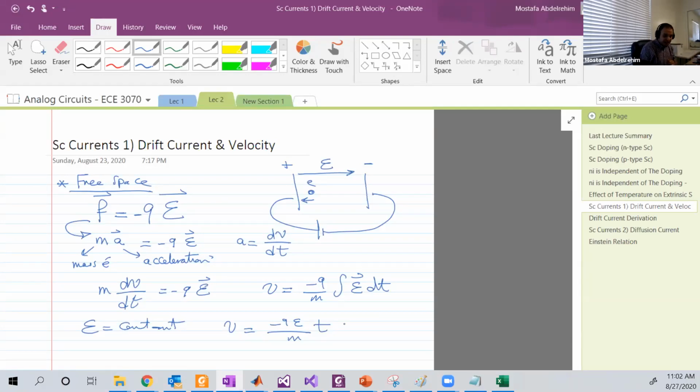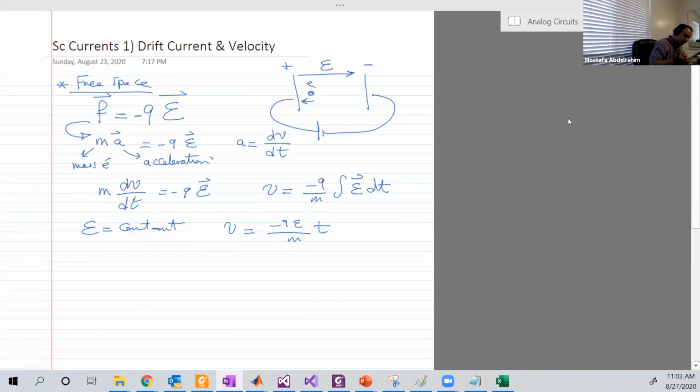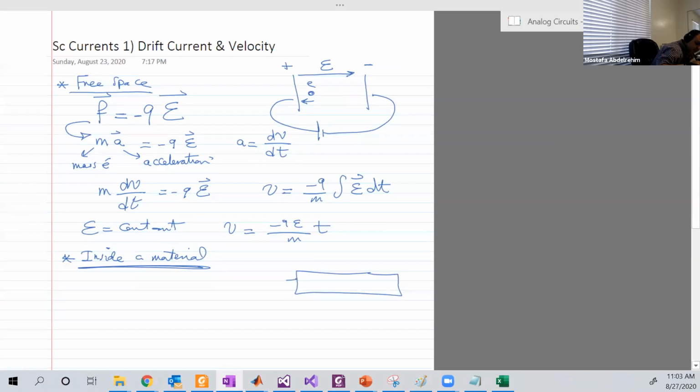But in a material like a semiconductor, it will be quite different. Inside a material, things are very different here. So if you have a material like this, and you also have a potential like this, there will still be an electric field. But when the electrons move in a material, it's not free space.